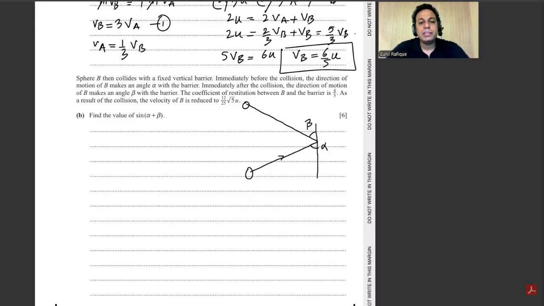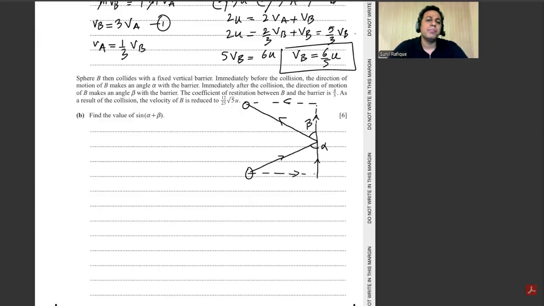The coefficient of restitution between B and the barrier is 4 over 5. So we know that the coefficient of restitution is the speed of separation divided by the speed of approach. So in this case, you can observe that the components along the barrier, like parallel to the barrier, will stay the same, right?